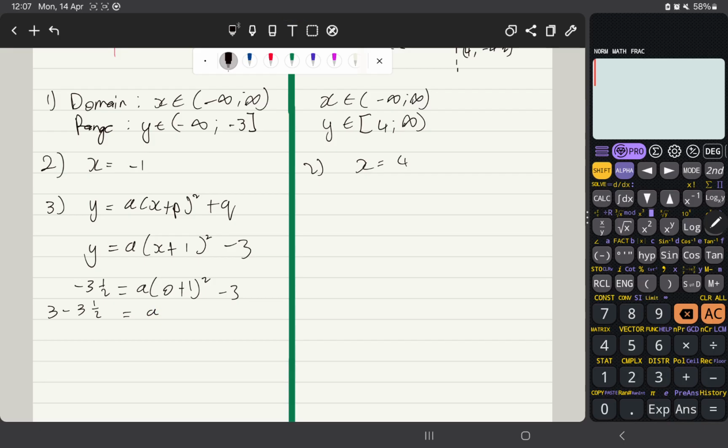So now we go to the calculator. We say 3 minus 3.5. Shift.